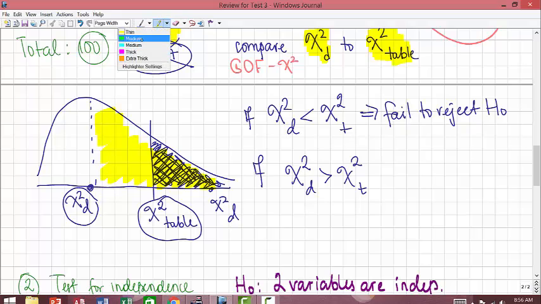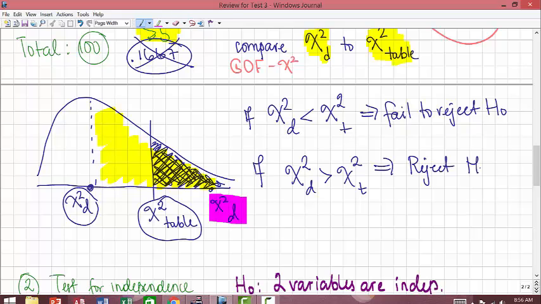Okay. Now, what if chi-square of the data sits right here? If it's greater than chi-square of the table, then we reject the null. Okay? If it's sitting right here, that means the area to the right under the curve is smaller than alpha level, right?